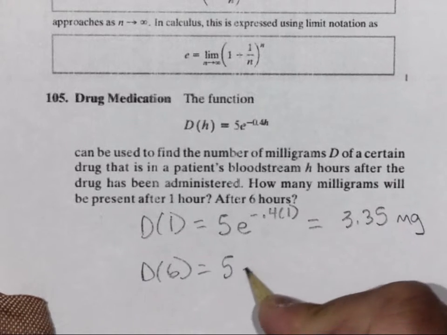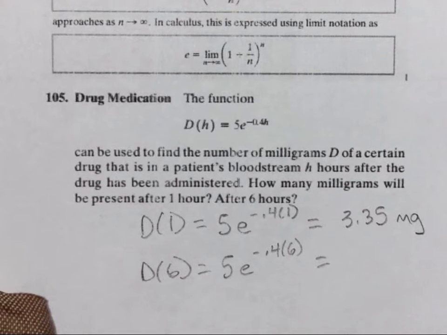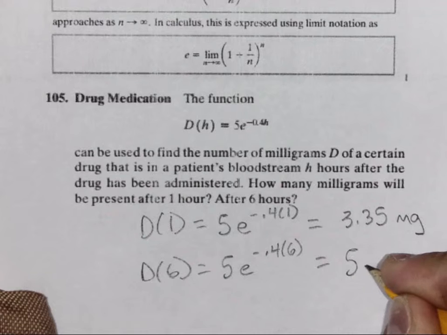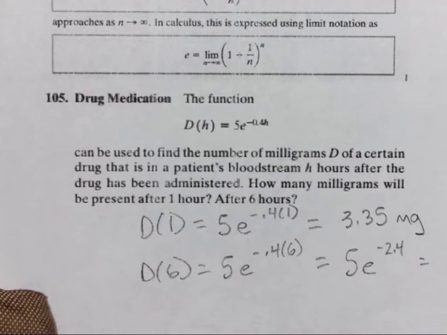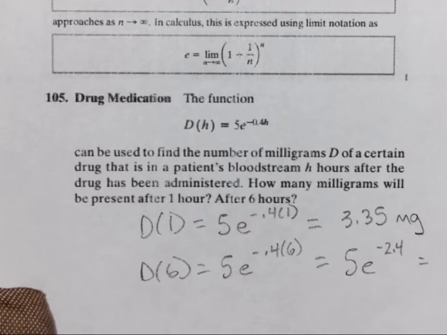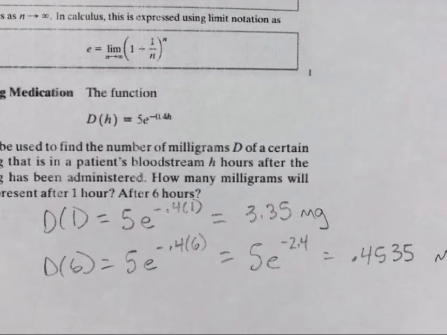After 6 hours, I'm plugging in a 6 for H, and so negative 0.4 times 6 is negative 2.4, so 5e to the negative 2.4, and so you get 0.4535. Okay, and that would be milligrams as well.